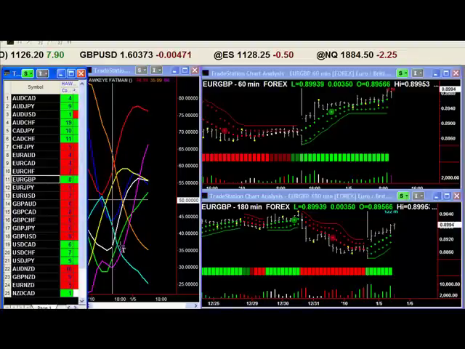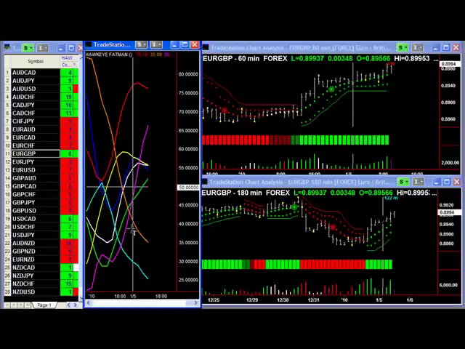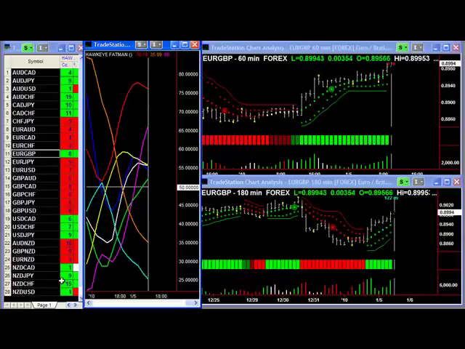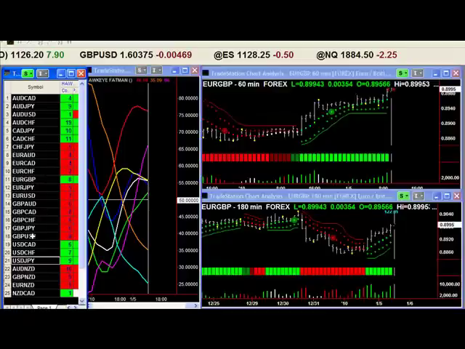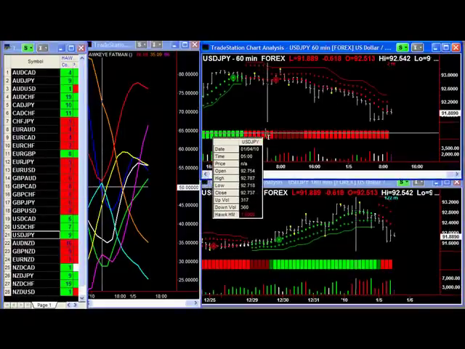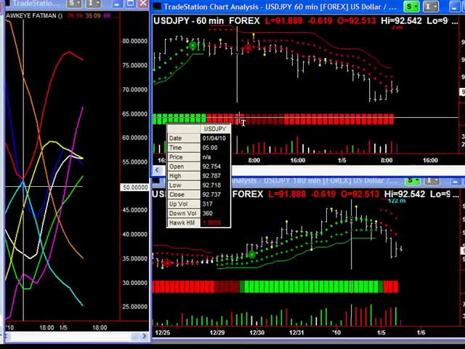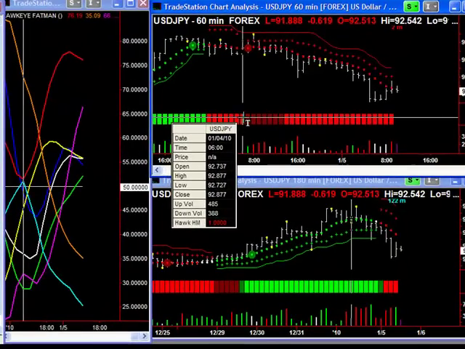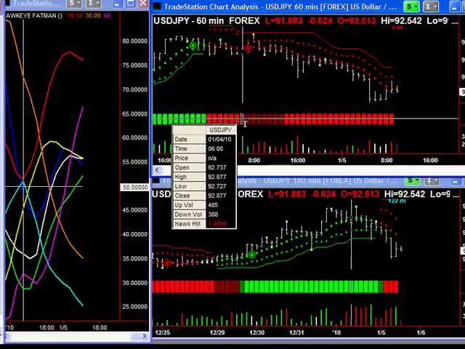So now let's look at another pair. You can see that the magenta is rising very steeply, which is the Japanese yen, and you can see that the dollar is declining, which is the light blue. So if we go over to that currency pair, we can see that at this point here the signal on the Hawkeye 60 minutes was to go short.